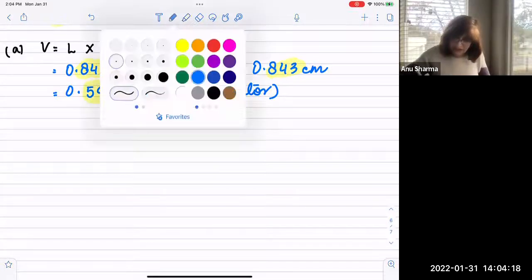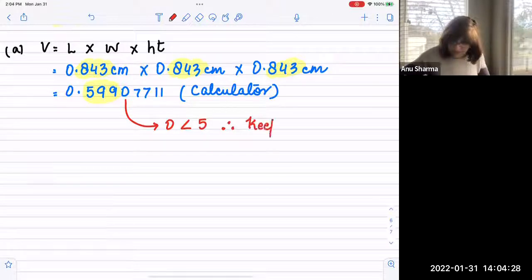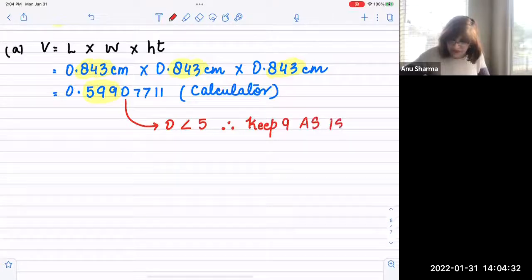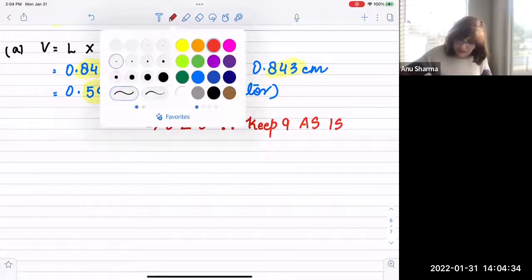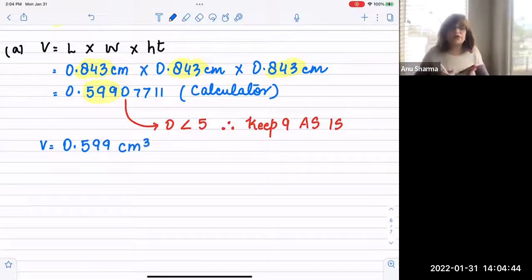And here's an interesting piece. 0 is less than 5. Therefore, keep 9 as is. Therefore, the answer here becomes volume is equal to 0.599 centimeter cube. Very important to write the unit also.